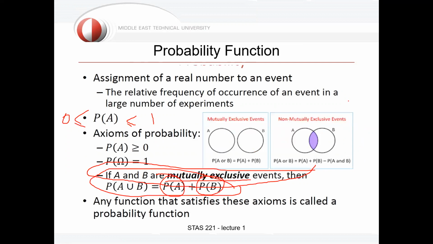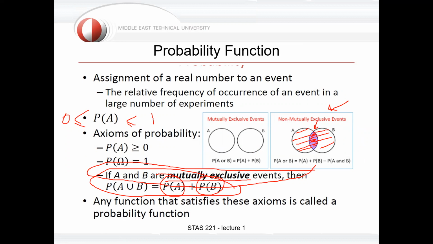Now, in this picture, where they are not mutually exclusive or disjoint events, let me tell why. Because first you consider this part, then for B, and as you can see, you are counting the elements here twice, the intersection part.